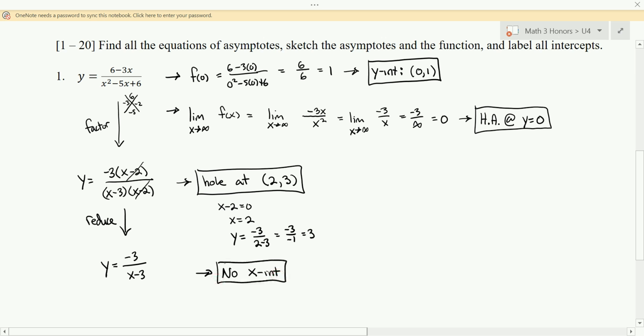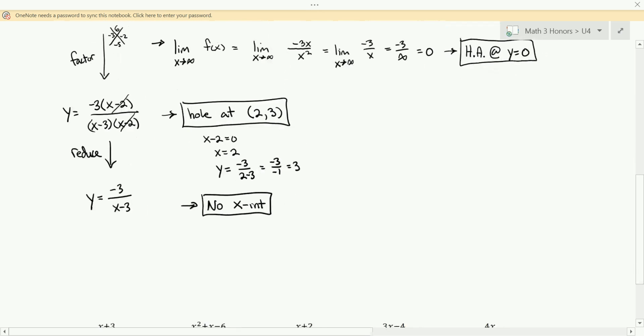So even if there's no x-intercept, I want you to state it that way. And then lastly, before we graph, next step would be to find the vertical asymptotes. And that's when you take the denominator that's left, set that equal to 0.